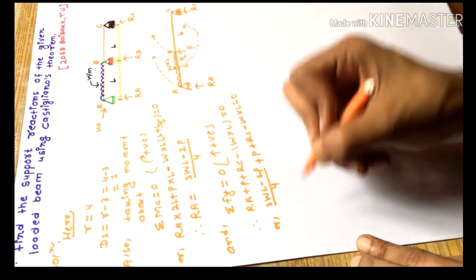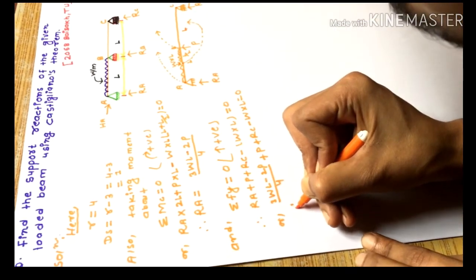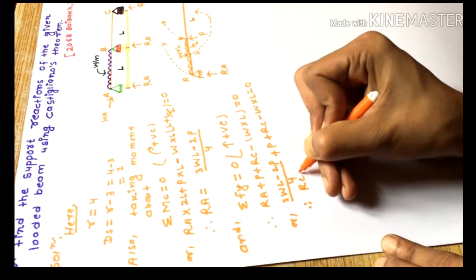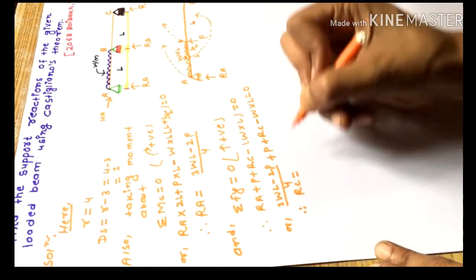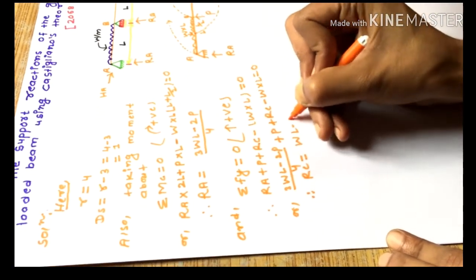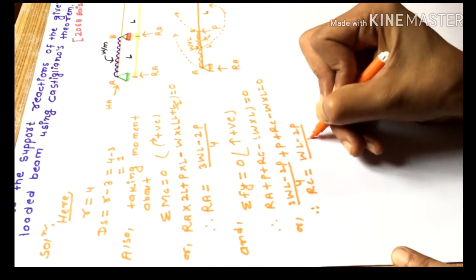So on calculating we get RC is equal to WL minus 2P divided by 4.